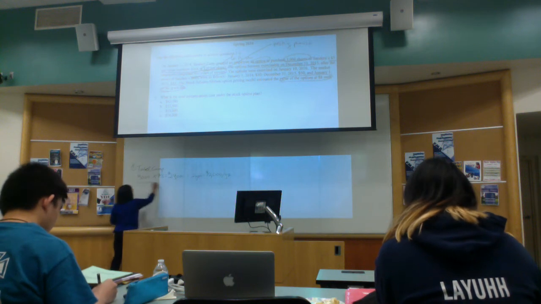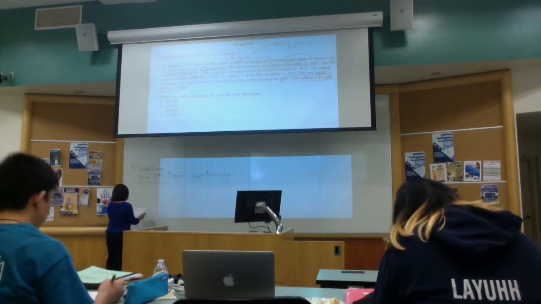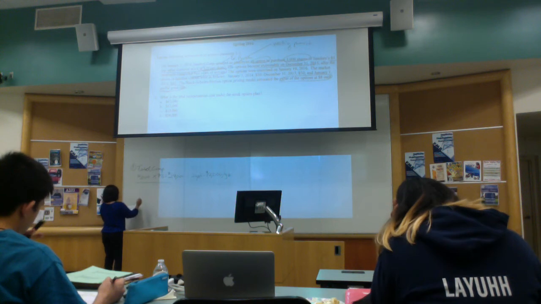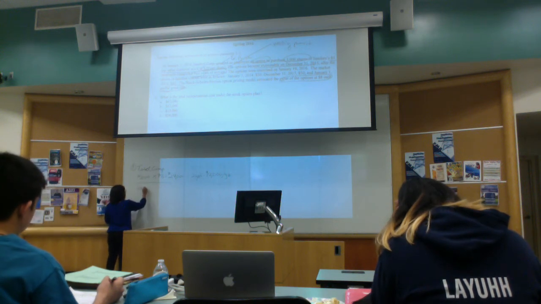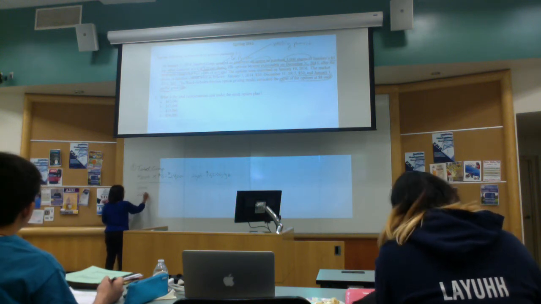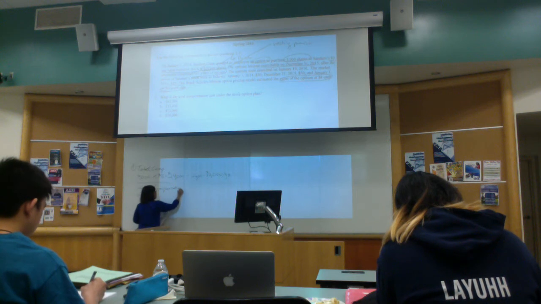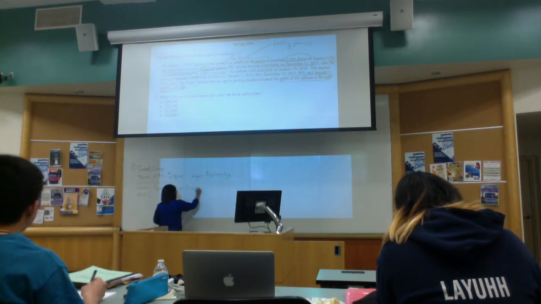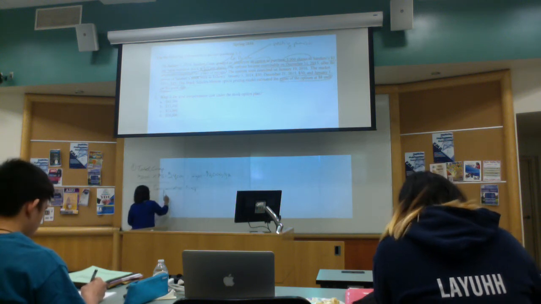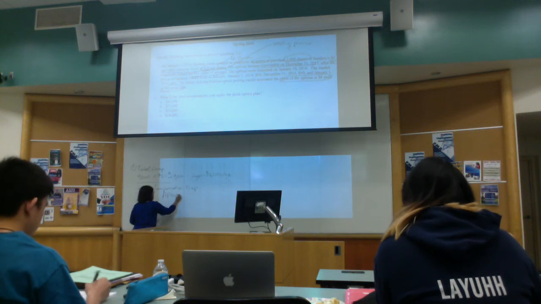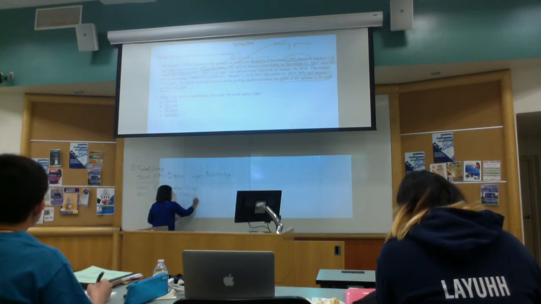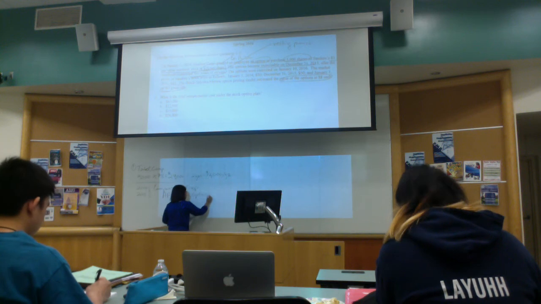So then in 2014 and in 2015, you would have what? Compensation expense, credit APIC, stock options, 12,000.